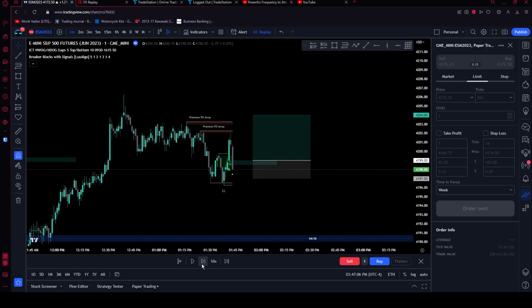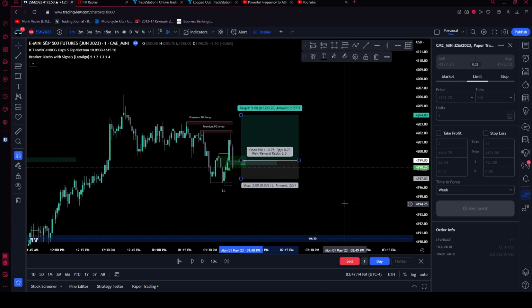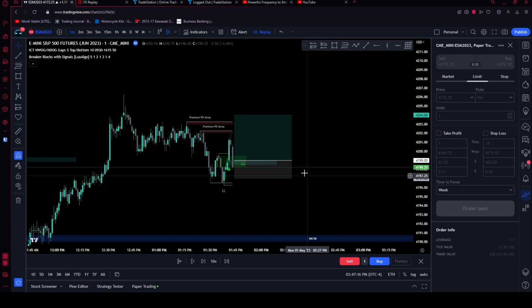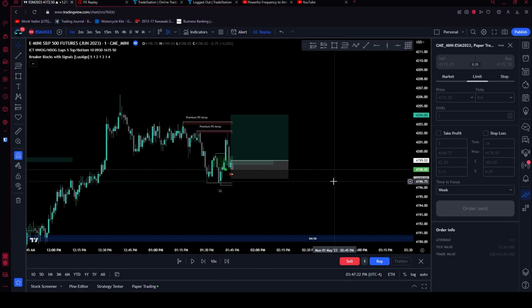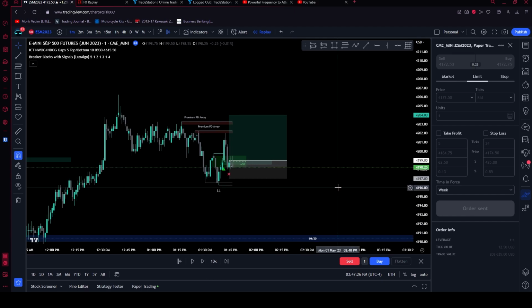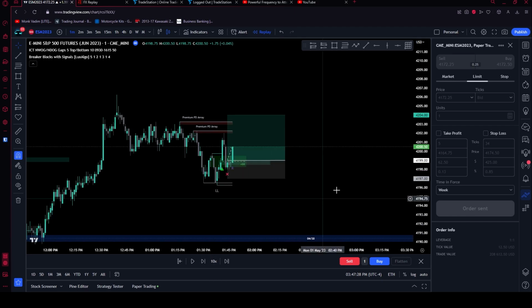So we're going to trade down. And now I want to see it trade up to my white line. Almost there. Almost there. Still not there.